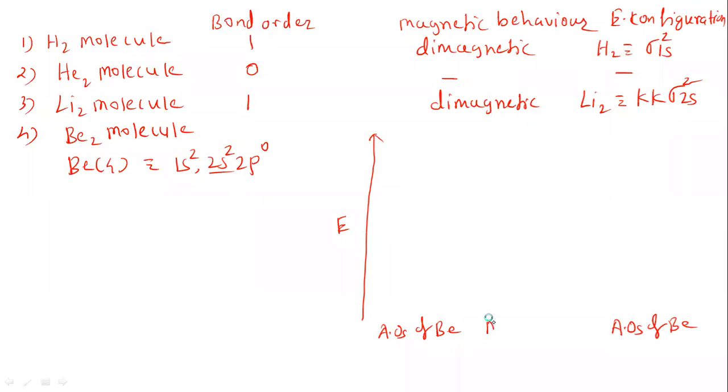And the middle part is the molecular orbitals of the beryllium molecule. Let us represent 1s here, having lower energy. Similarly, the 1s atomic orbital. Then 2s having higher energy. So this is the 2s atomic orbital.